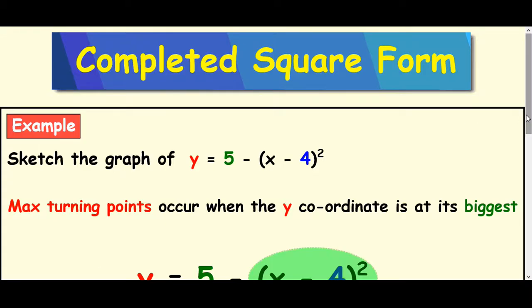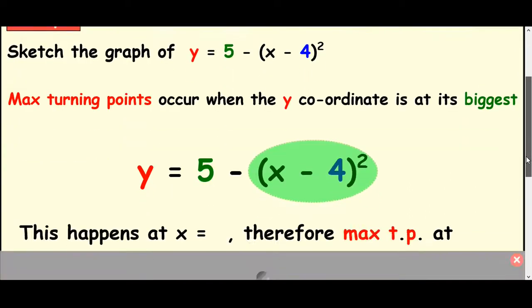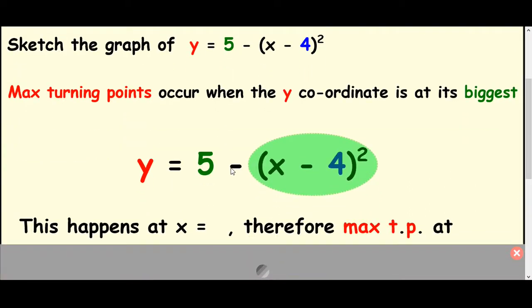Okay, so imagine we were asked to find where the turning point was. In the next lesson I'm going to look at sketching them. But imagine you were trying to find out where the maximum turning point happens. So like before, the maximum turning point occurs when the y coordinate is at its, slightly different here, biggest and not smallest. It's a maximum that goes up and back down, so it's where the y value is at its highest. Now because you've got a takeaway here, we still want this to be the lowest possible it can be.